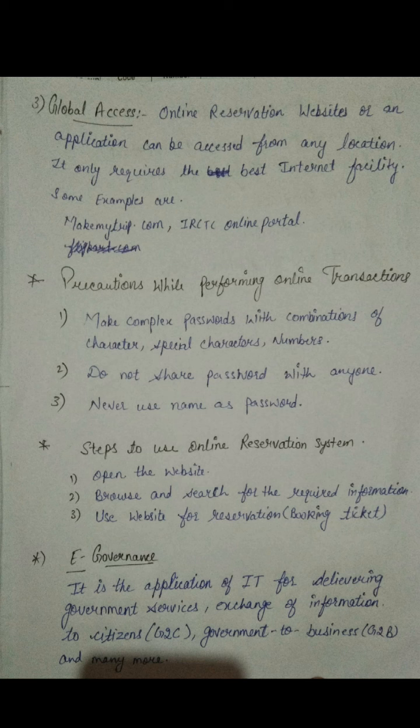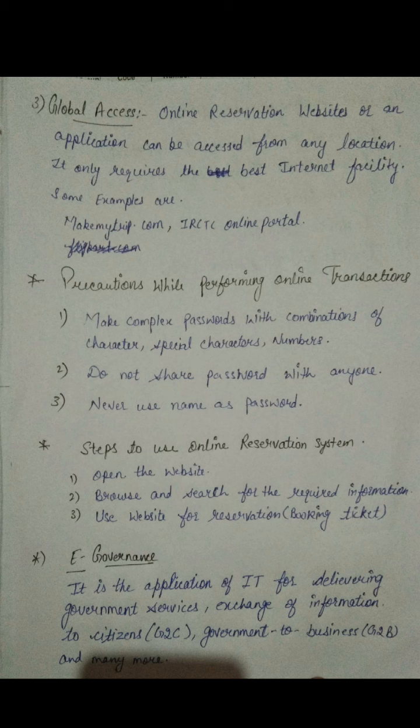Your password should not be your name, and do not share your password with anyone. Next are steps to use online reservation system. Firstly, open the website or the application, browse and search for the required information. Then use the website for reservation.